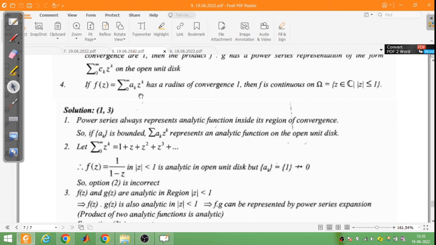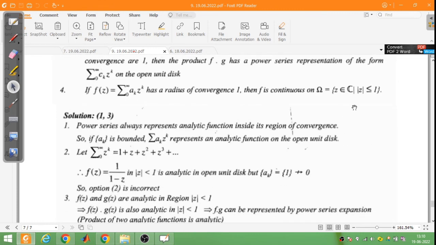Are you clear, ma'am, what I say? You have to choose f in this manner. Your domain is not satisfied because the function is not continuous at z equal to 1, but here it is given that f is continuous. You have to choose a different f, for example f of z equal to 1 by z, which is continuous on this domain. But choosing any one f that satisfies the domain is not general.